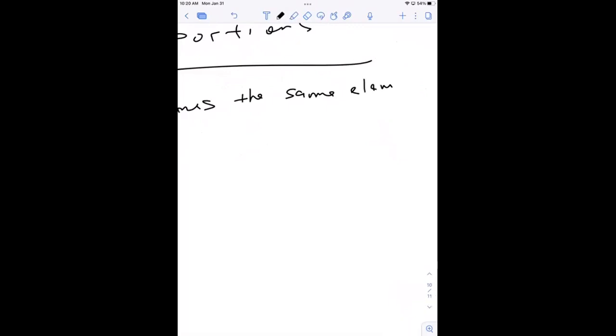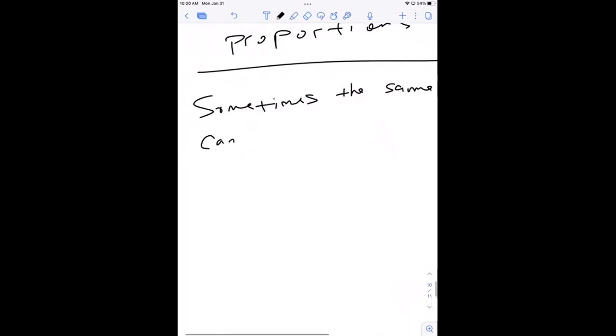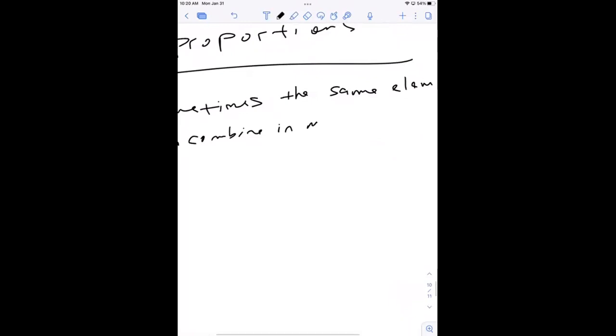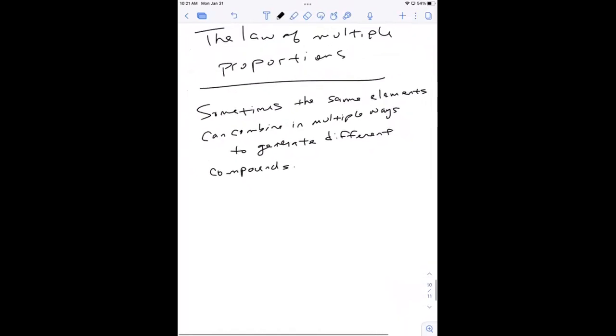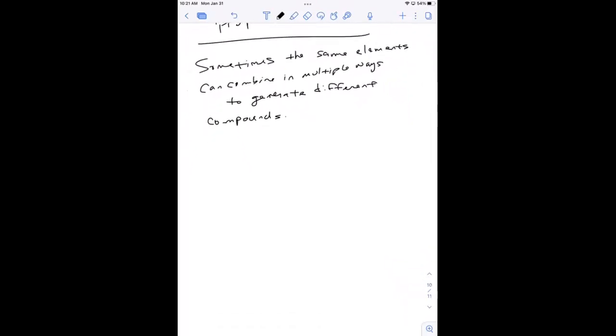So they can combine in different ways. Right. So sometimes the same elements can combine in multiple ways to give you different compounds.